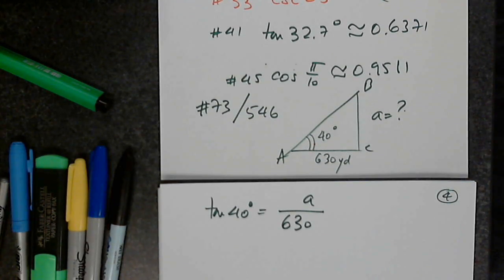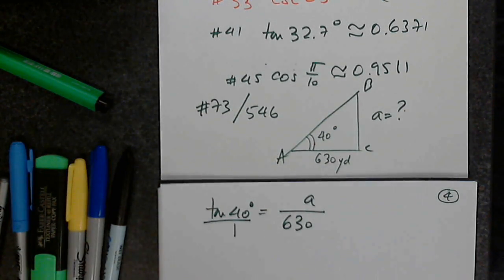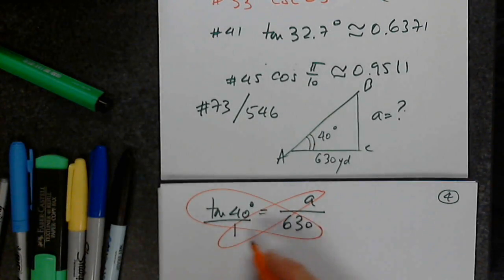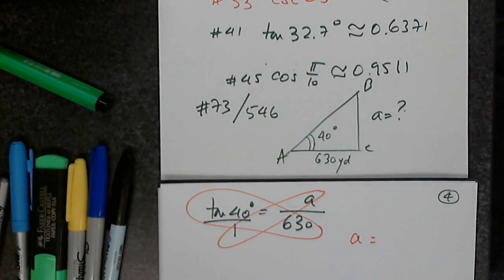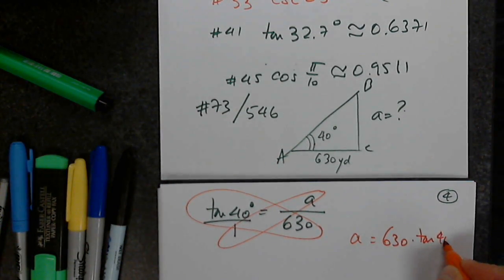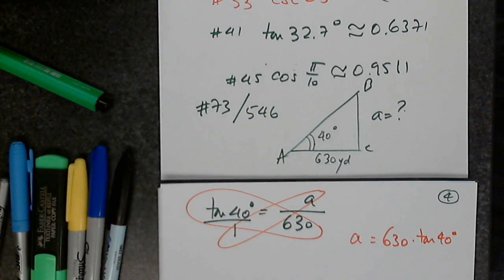Good. So now remember, this is a proportion. What do we do in a proportion? Always and only, yes, exactly. We will cross multiply. So A times 1 is A, and this times this. Do not put 630 behind 40 degrees. Please put the number in front and then tangent follows. Because when you punch in the calculator, you may put parentheses, who knows what happens, and you consider 40 degrees times 630.